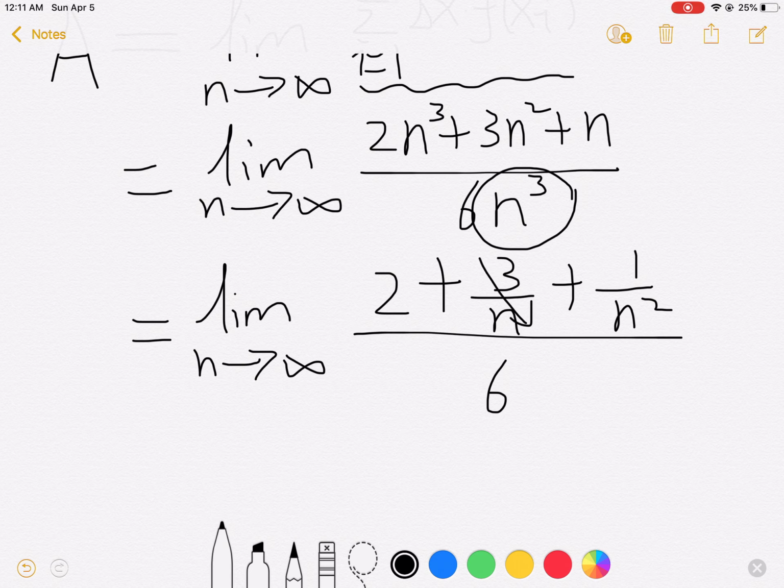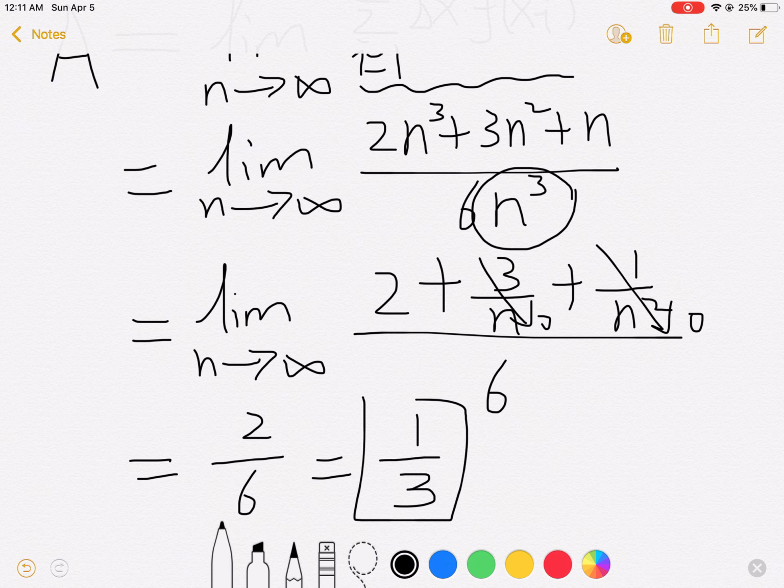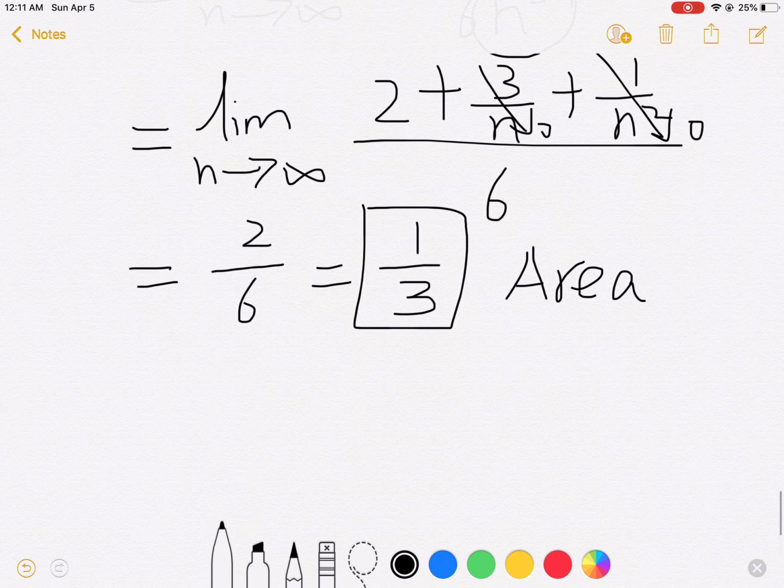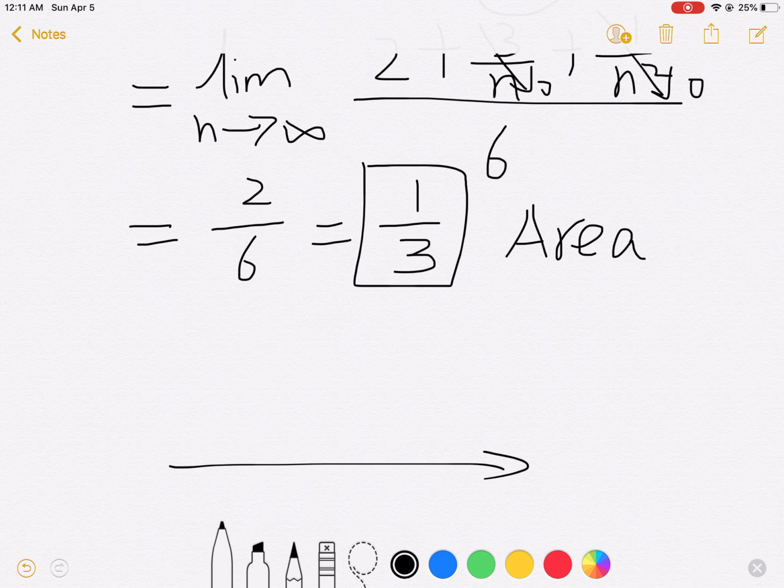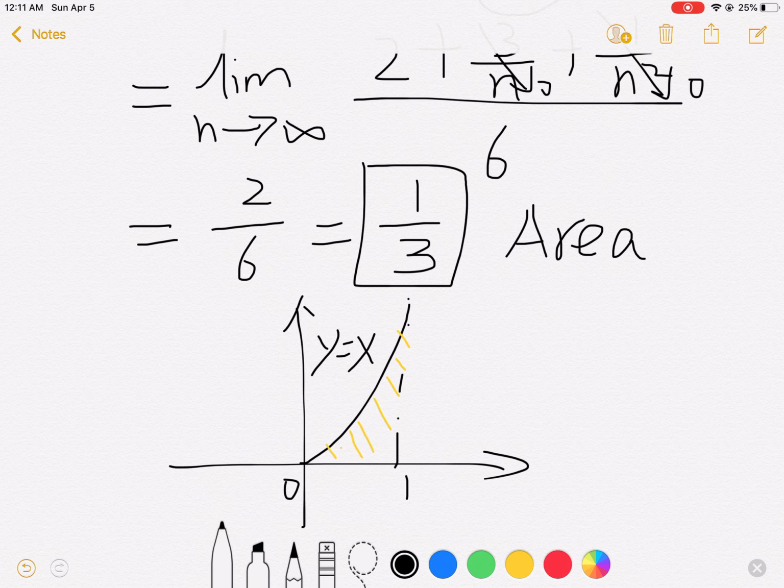This would approach 0, and this would approach 0. So you will have 2 over 6, which is 1/3. So this is the exact area between the curve y equals x squared, this one, and the x-axis from 0 to 1. This yellow area is 1/3.